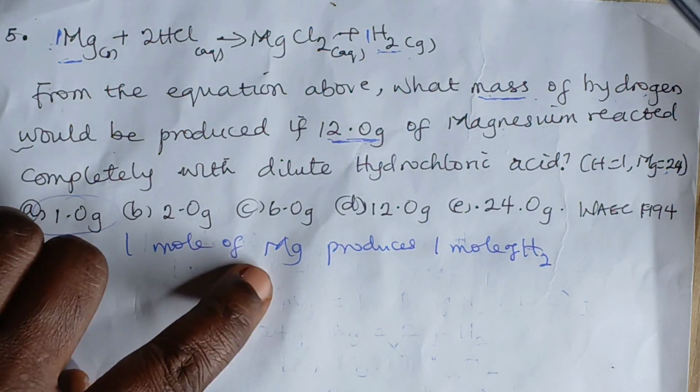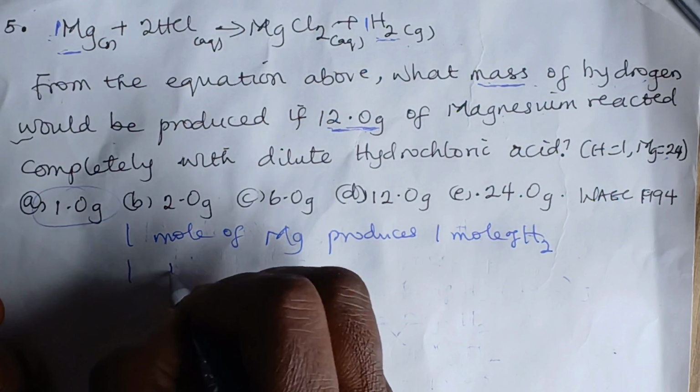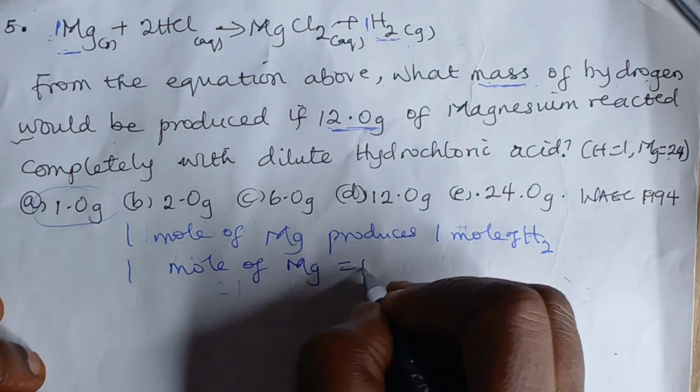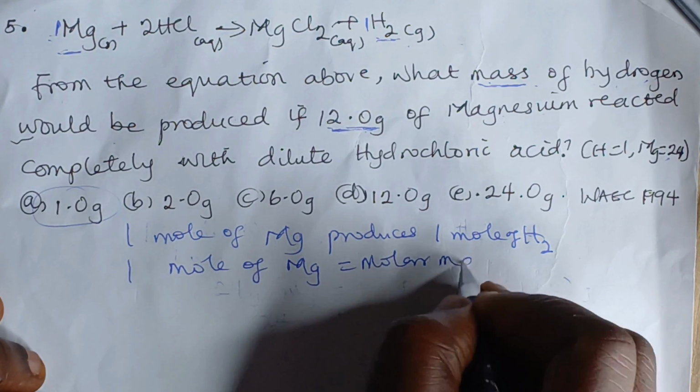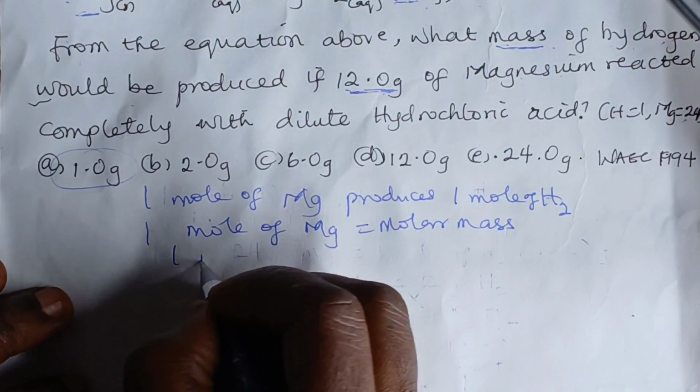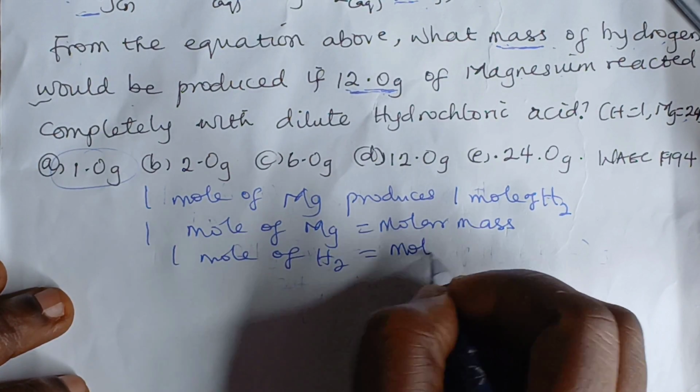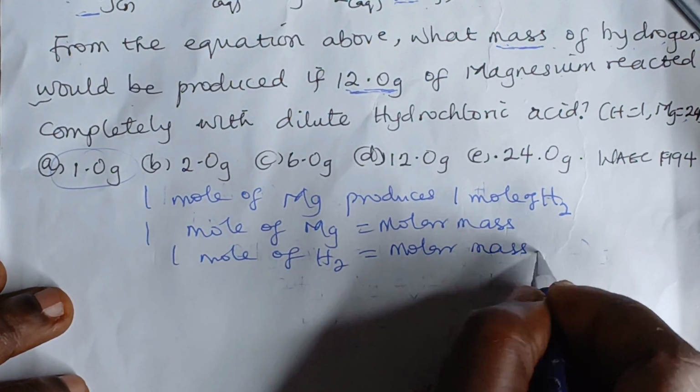So we need to convert our mole to mass. Now we know that 1 mole of an element is its molar mass, and the same is also applicable to hydrogen. 1 mole of hydrogen is its molar mass.